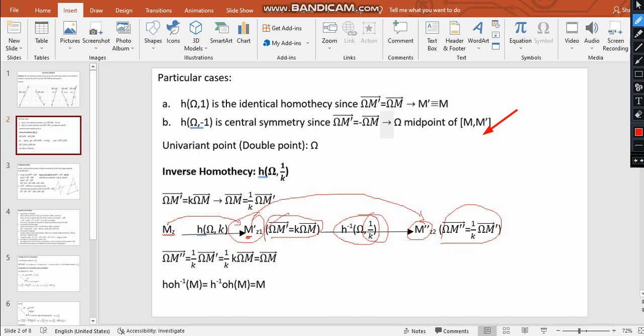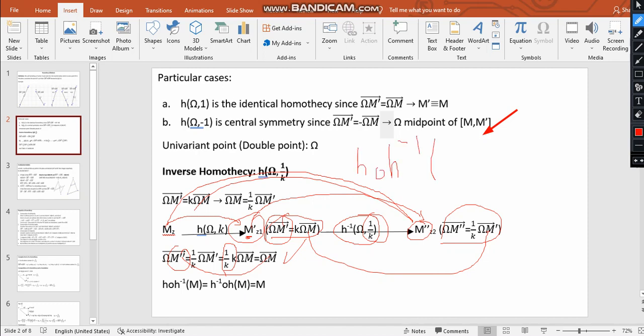But omega M prime is K omega M. So if you put 1 over K times K omega M, you're going to get omega M. So in that case, M double prime and M are confounded, they are the same point. If you have H rho H inverse, the image of any point M is the same as the point M.